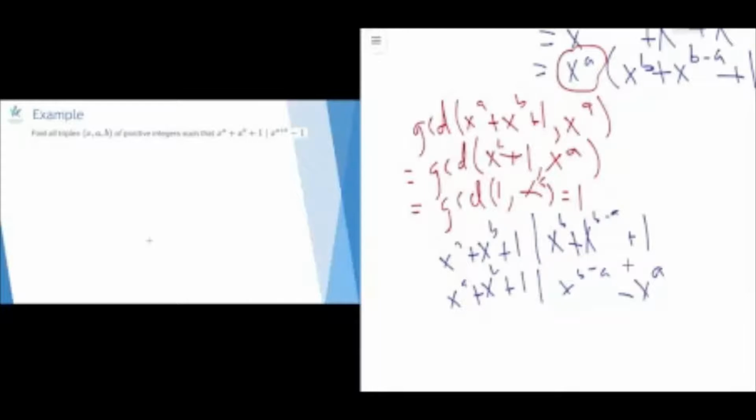So first, if b minus a is greater than a, then that means we can factor this right-hand side as x to the a times x to the b minus 2a minus 1.